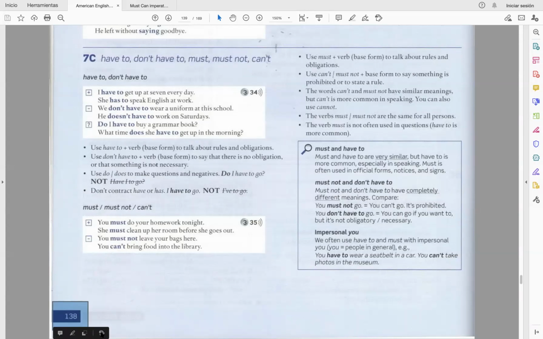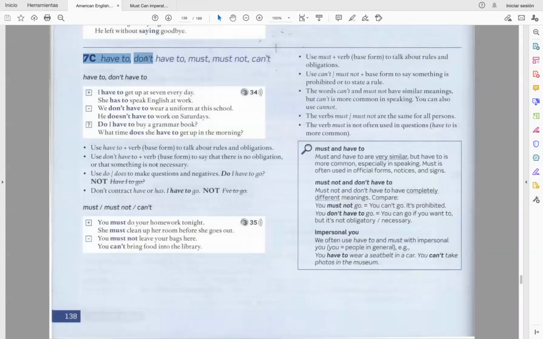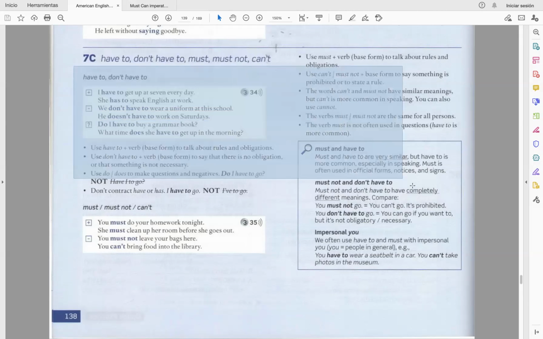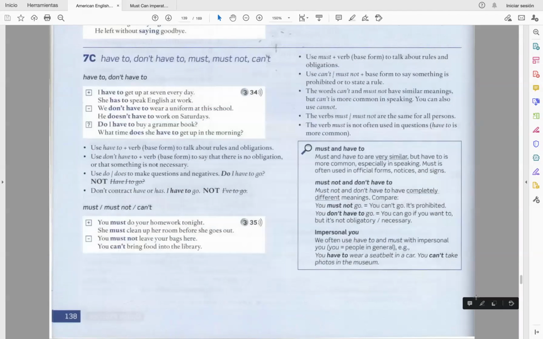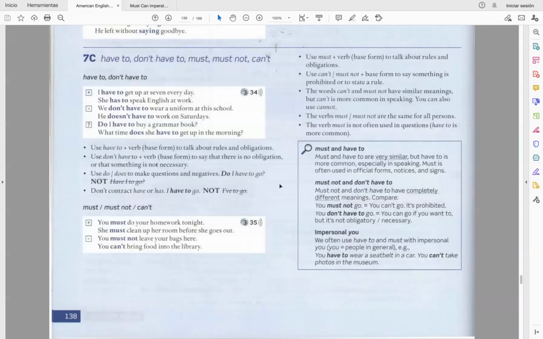Okay. So if you go to page 138 in the book, here in section 7C, you have all the grammar explanation for the use of have to, don't have to, must, mustn't, and can't. So the first thing you need to do is to read all the grammar explanation, okay? So you can get a general idea of the rules of this topic.